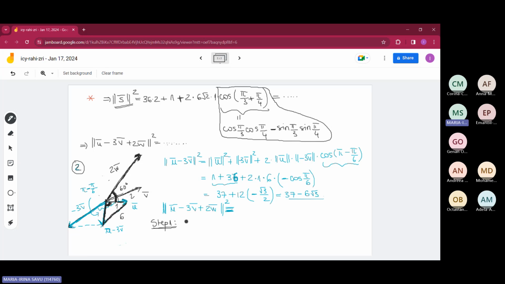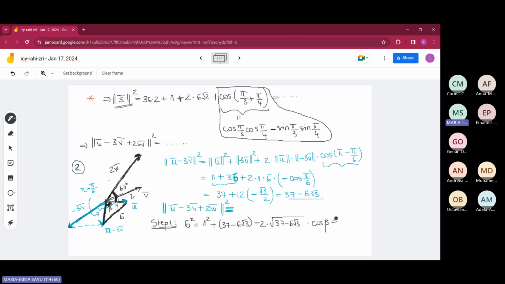Okay, so you have that 6 squared is 1 squared plus this 1 squared, which is 37 minus 6 square root of 3. Okay, this is the length squared. Minus 2 times 1 times this length, so you have here a square root of 37 minus 6 square root of 3, times the cosine of, let's say, beta, where beta is this angle between u and this.